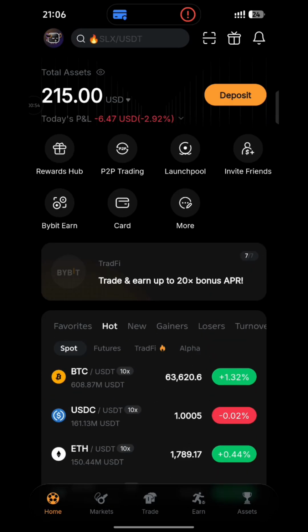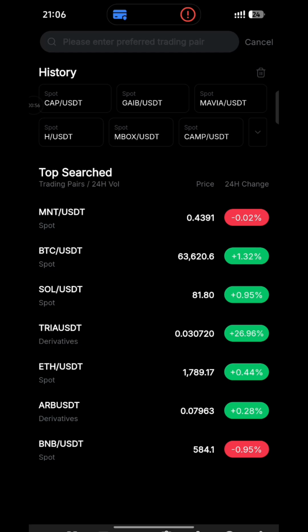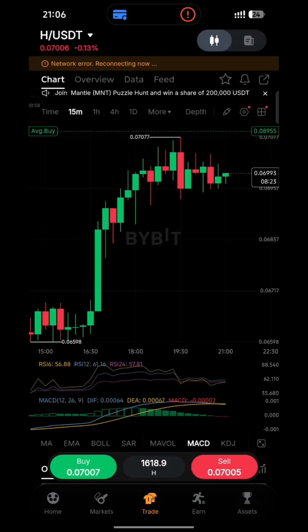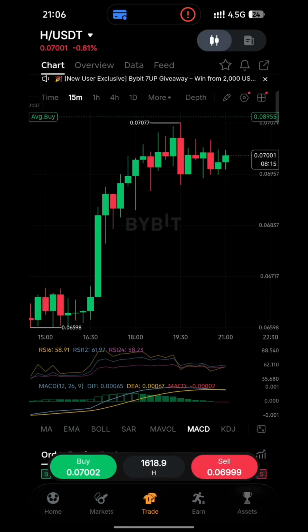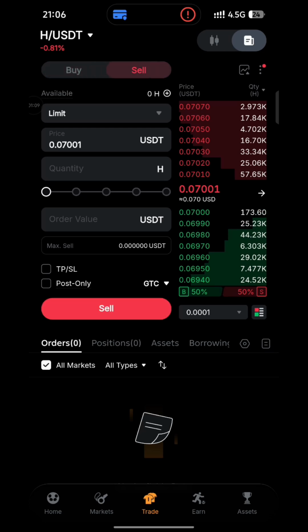Maybe I should make use of Hcoin. But actually right now Hcoin is undergoing a rational move. I'm also in this trade, but I didn't buy with much.